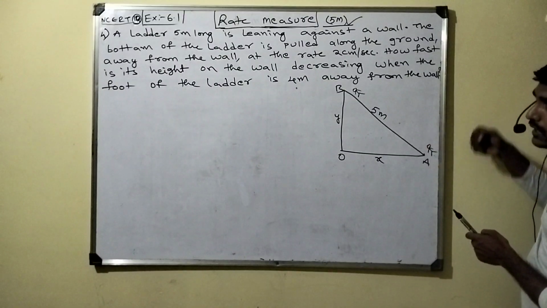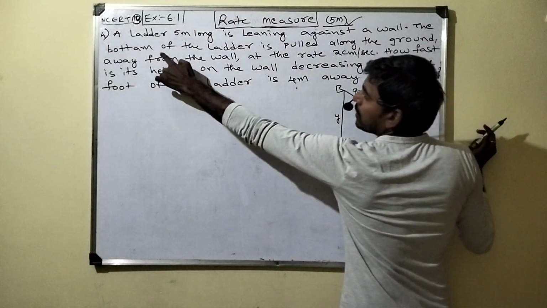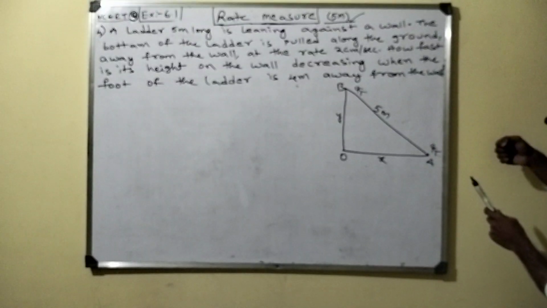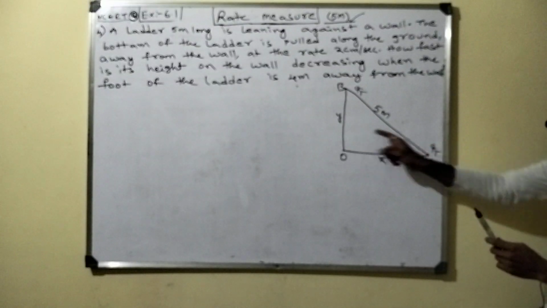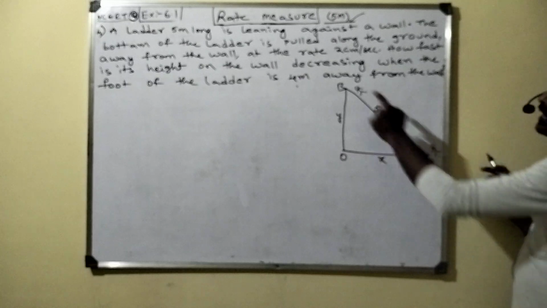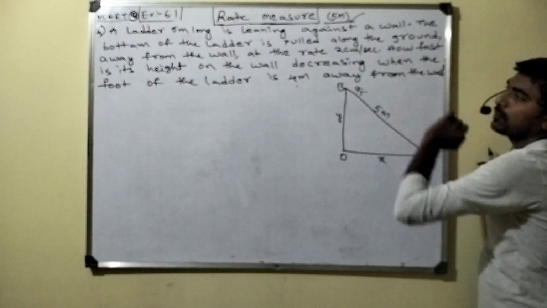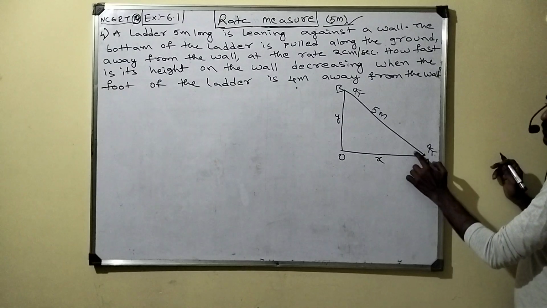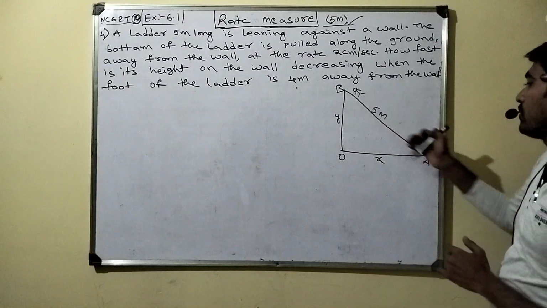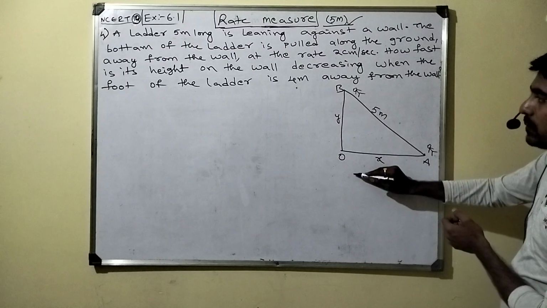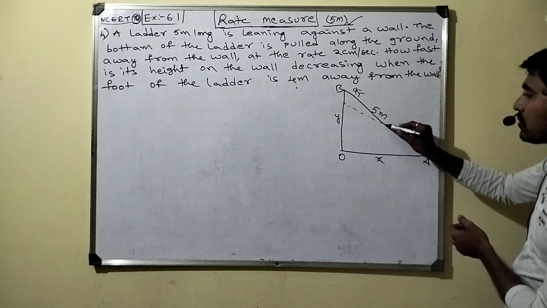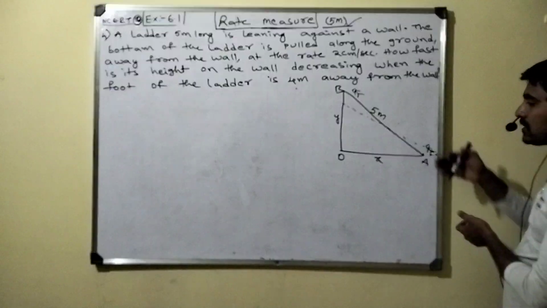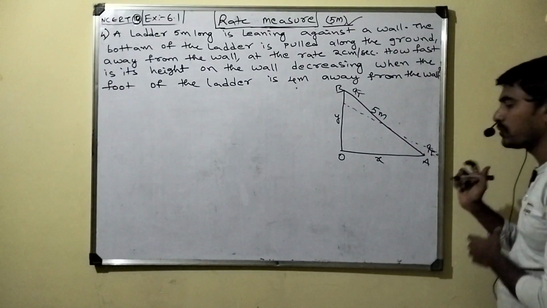The bottom of the ladder is pulled along the ground, away from the wall, at the rate of 2 centimeter per second. So when he is pulling the ladder, there is a change in the bottom. The ladder position is like this when we are pulling the ladder.